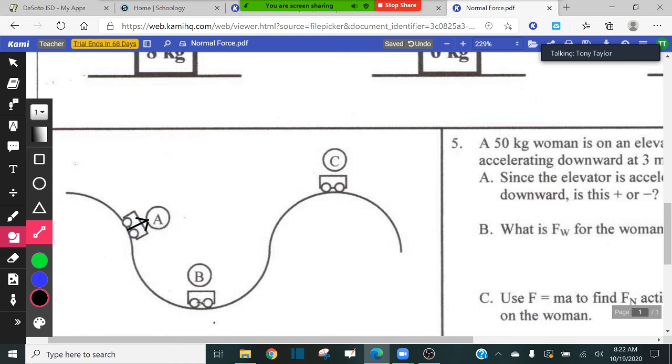What about here? This surface looks like this, so the normal force is pointing straight up here. And what about here? Where does the normal force point here? Here the normal force also points straight up. Here, because the surface is at an angle, the normal force points in this direction. But here, the normal force points straight up, when we look at these surfaces here.